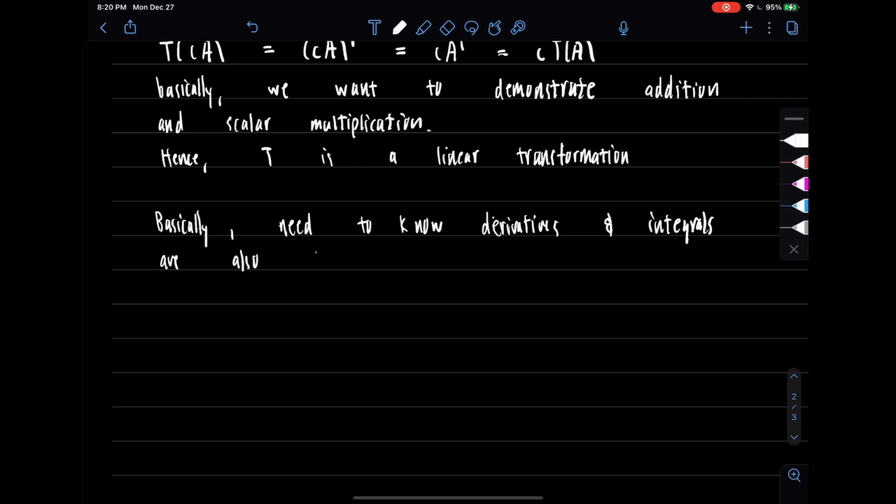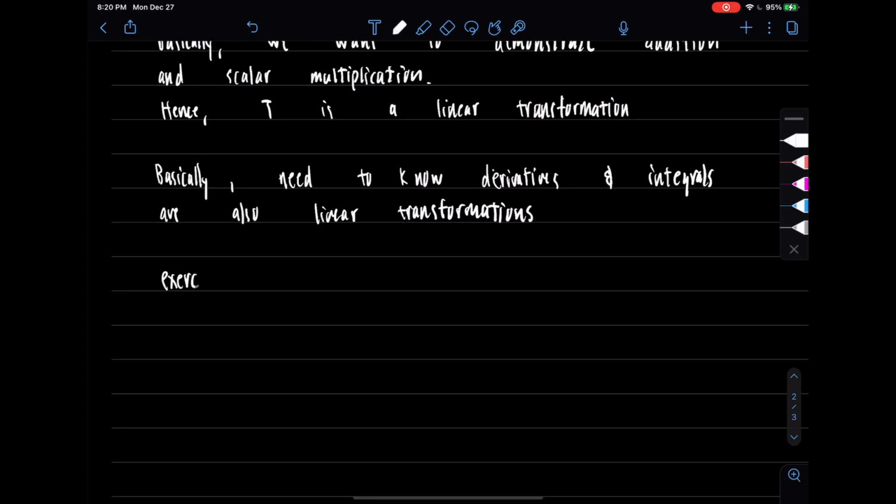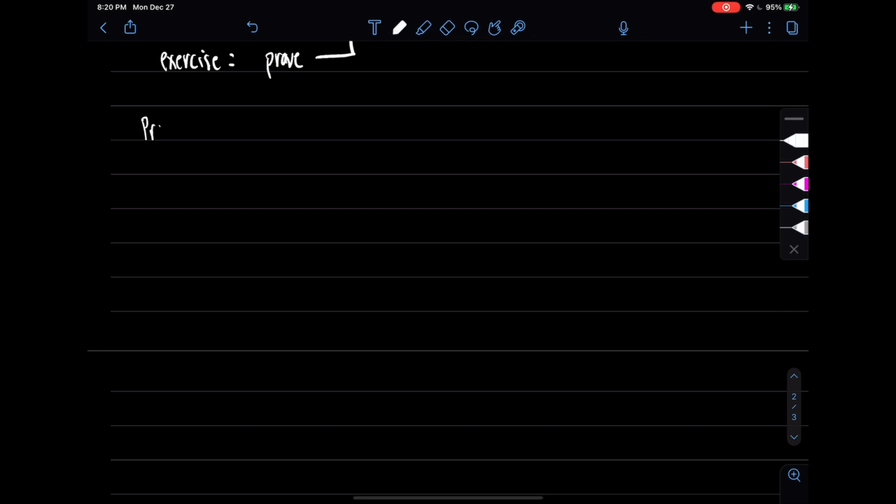You can try to prove it by yourself. I'll leave it here as an exercise for you, and it's very similar to the proofs that we've shown before. You basically just use addition and scalar multiplication.